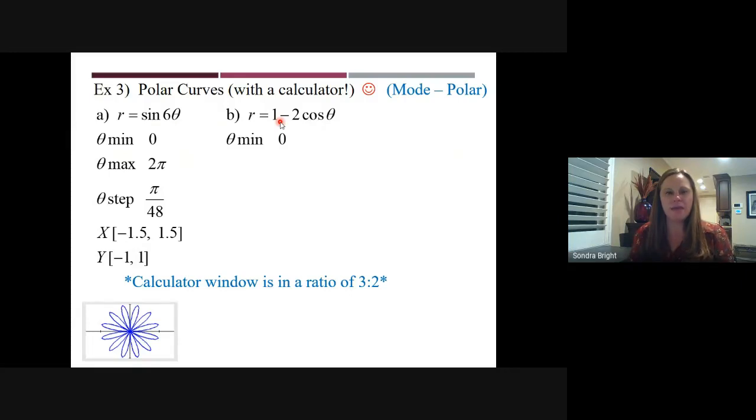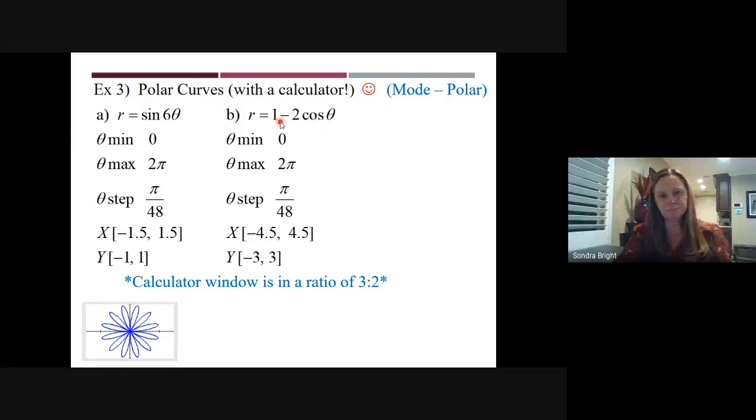And then are we going to do the same? Okay, so the only thing we're going to change, we're going to leave the thetas. And then we're going to change the x min to a negative 4.5 and a 4.5 for the x max. Leave the scale as 1. Y min, negative 3. Y max, positive 3.